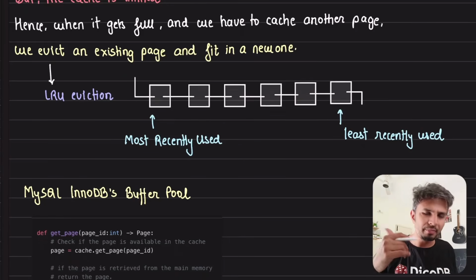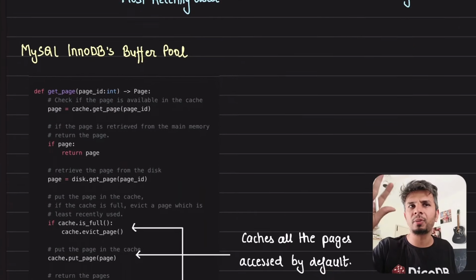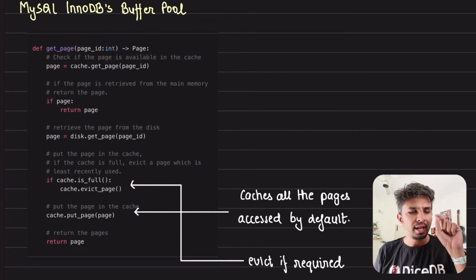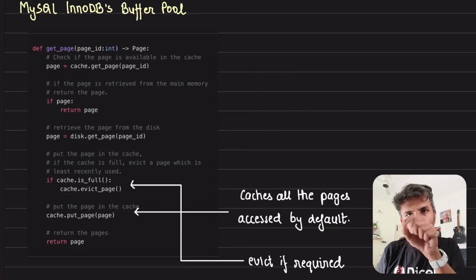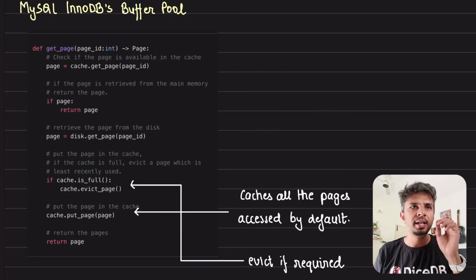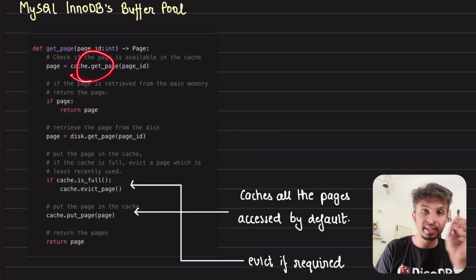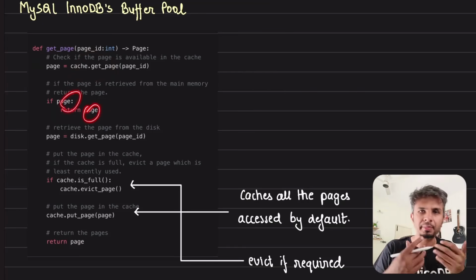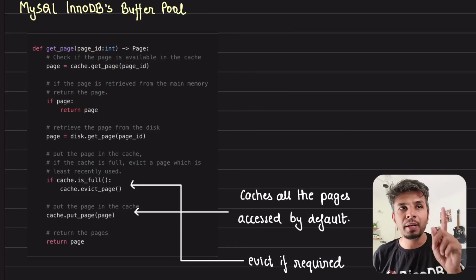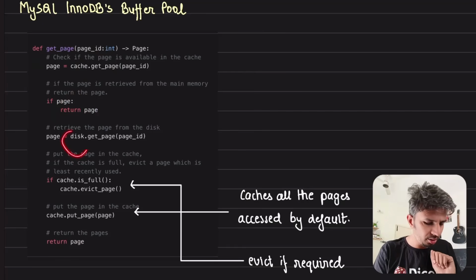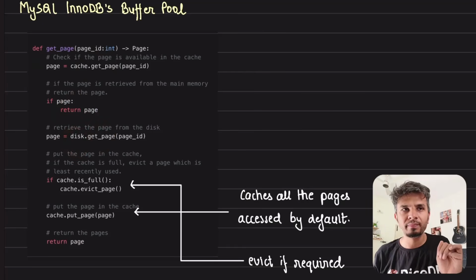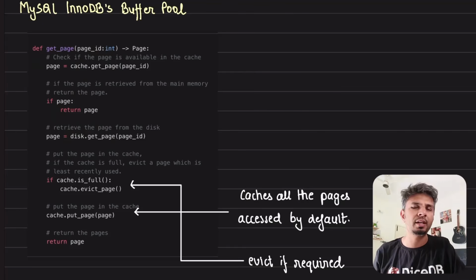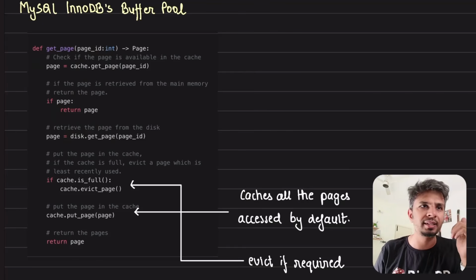Okay, now let's go slightly more specific. What does the MySQL InnoDB storage engine buffer pool do? This is what a very rough pseudocode looks like. If MySQL is trying to access a page, it first checks if the page is in the cache. If it is, great, it returns the page. But if the page is not in the cache, it goes to the disk and gets the page. This is expensive, right? As we saw, 4x and 80x slower.